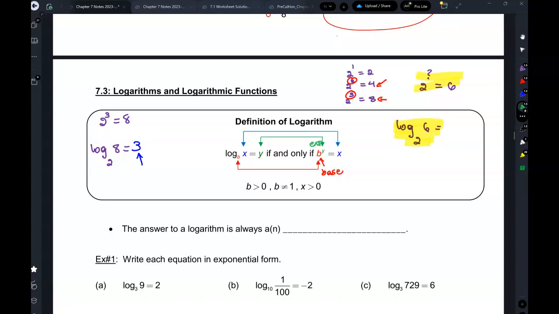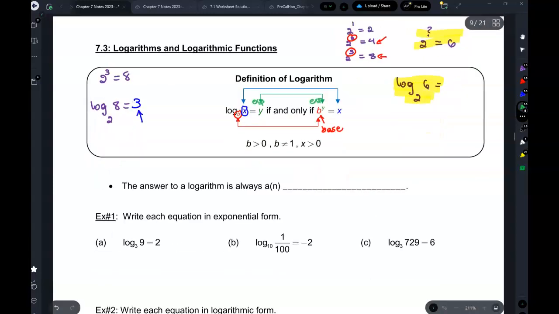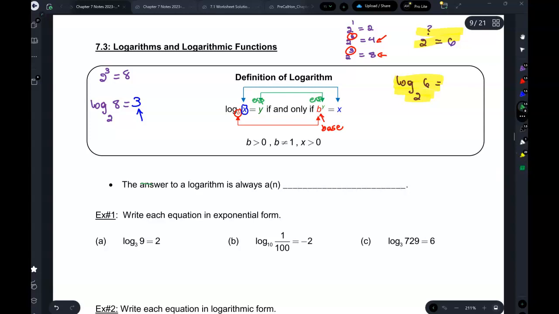The way we write it in logarithmic form is log base b of x is equal to y, the exponent. All right? So this is the biggie here. The answer to a logarithm is always an exponent.